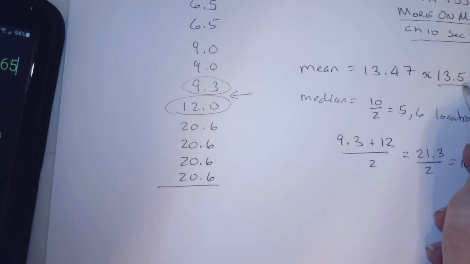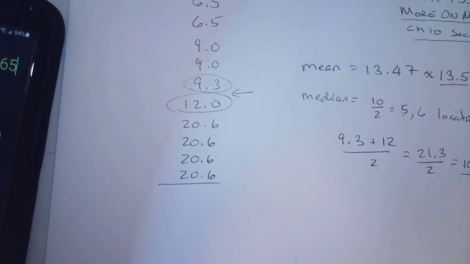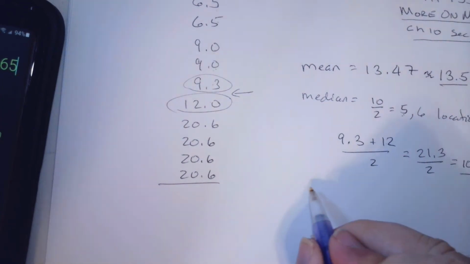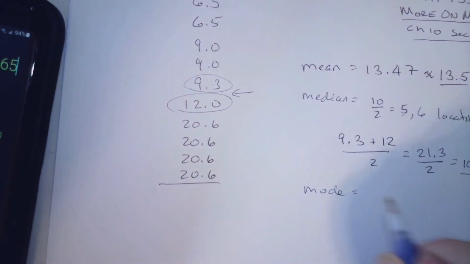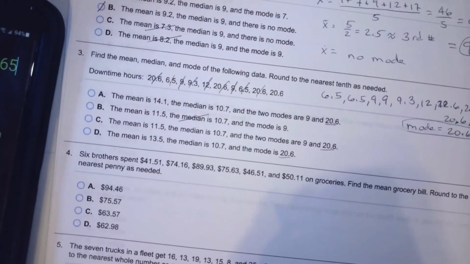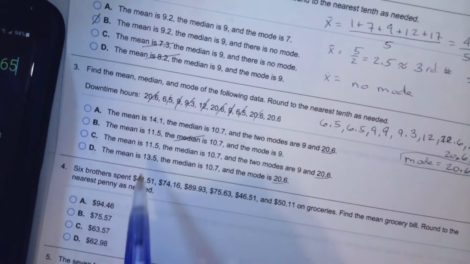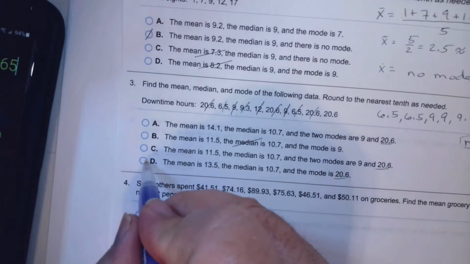So now the mean is 13.5, the median is 10.7, and the mode is 20.6. So it's D.